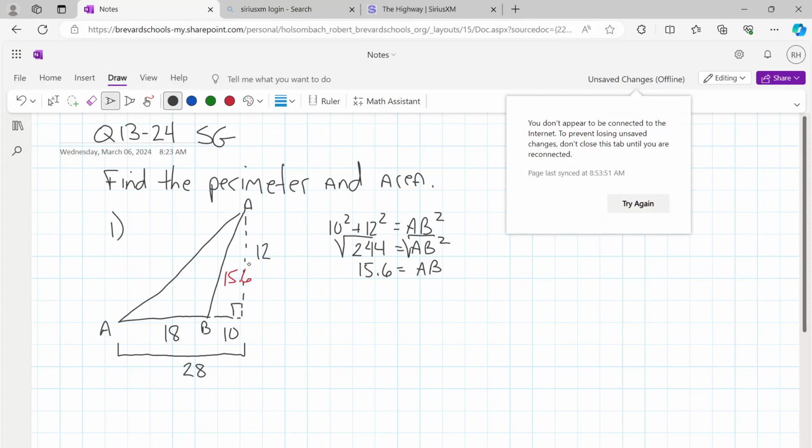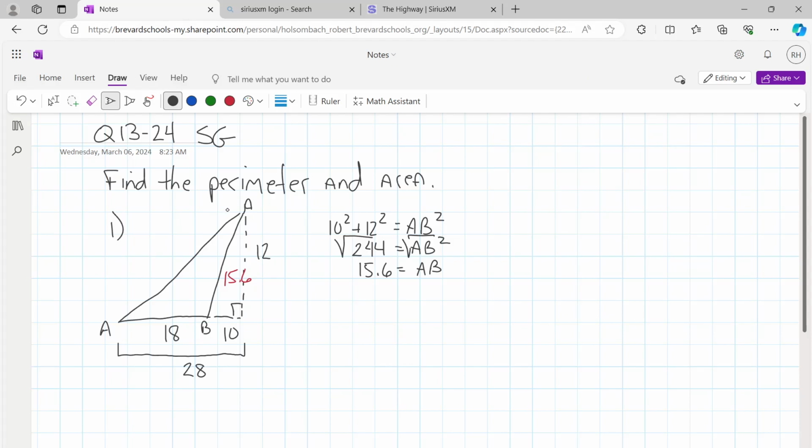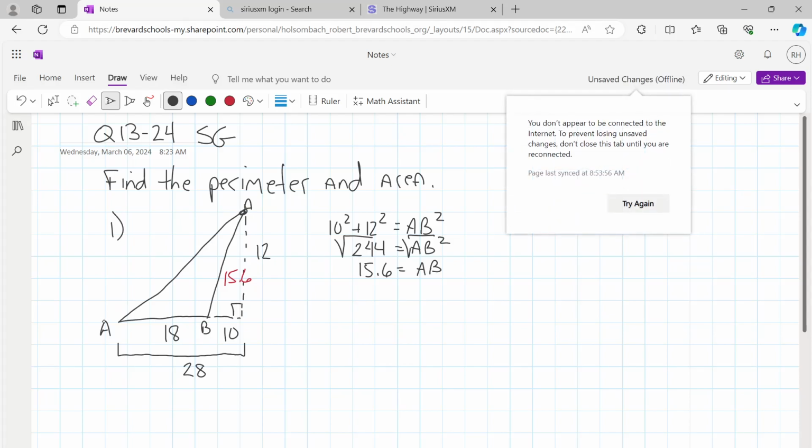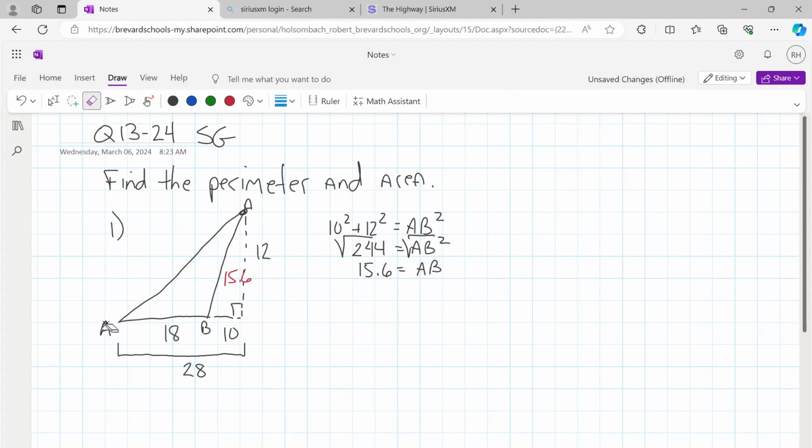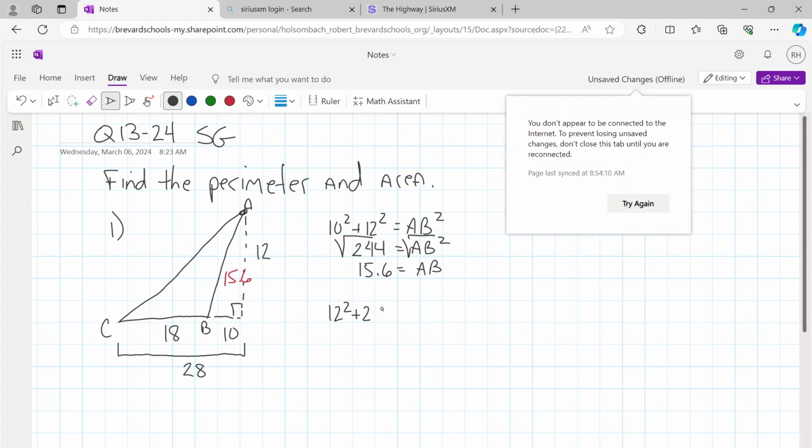Then we've got a vertical piece that's 12, and this side AC is the hypotenuse for that triangle. So second, I'm going to go 12 squared plus 28 squared equals AC squared. And again, it's a calculator.